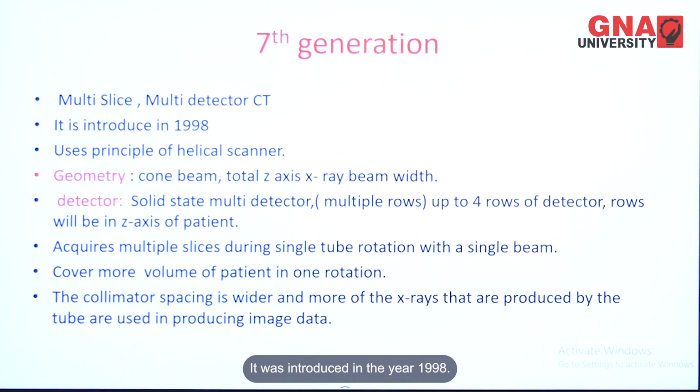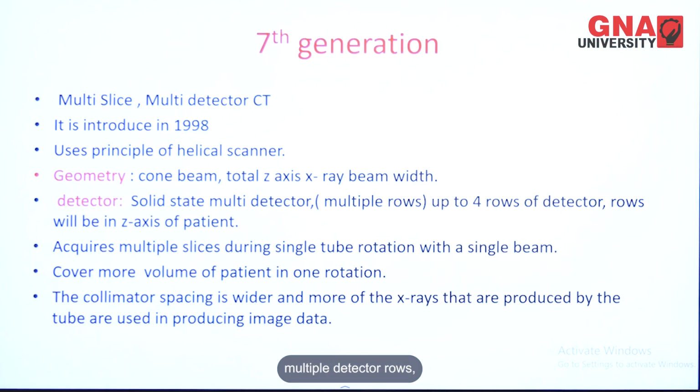It was introduced in the year 1998 and it uses the same principle as the 6th generation, that is, the helical scanner. In the geometry here, the cone beam is used and the total z-axis of the X-ray beam width is used. The detectors that we use in the 7th generation are the most advanced, known as solid state multi-detectors, which are placed in multiple rows, and the number of rows is approximately 4.